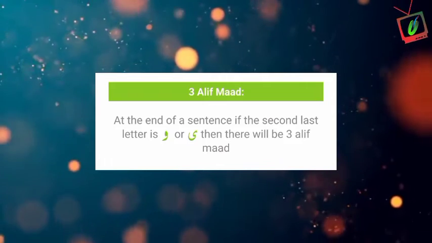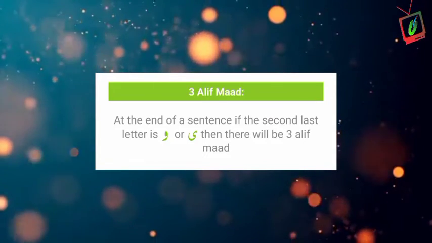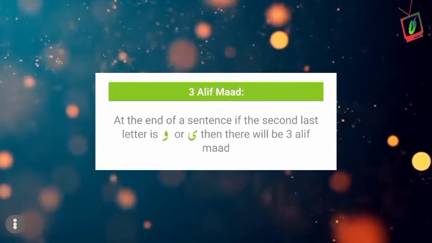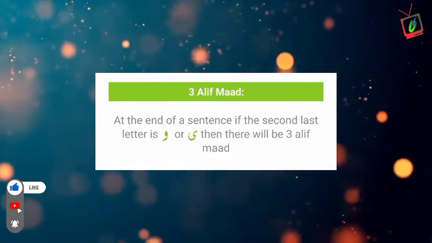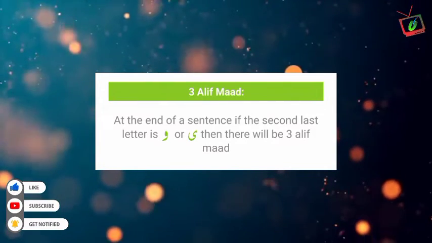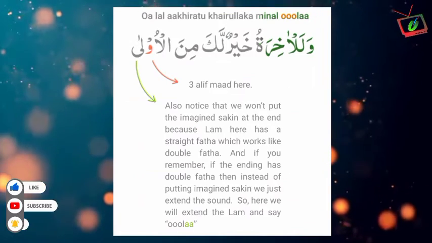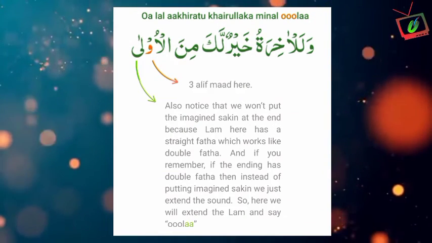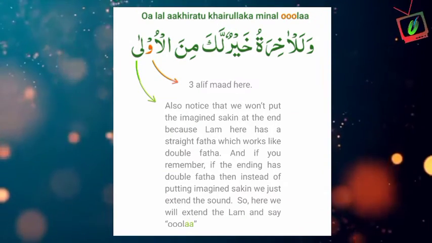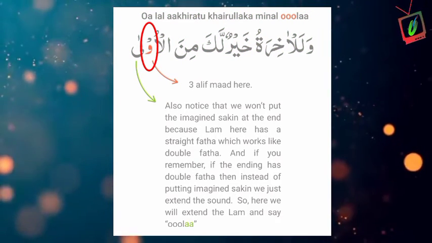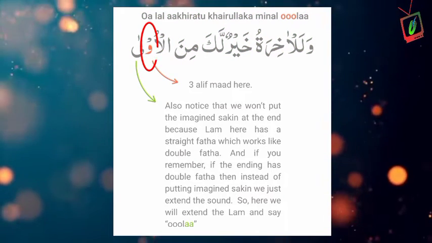Talking about the 3 Alif Mad. At the end of a sentence, if the second last letter is waw or ya, then there will be 3 Alif Mad. For example, وَلَلْآخِرَةُ خَيْرٌ لَكَ مِنَ الْأُولَى. Here, waw sakin is the 3 Alif Mad.